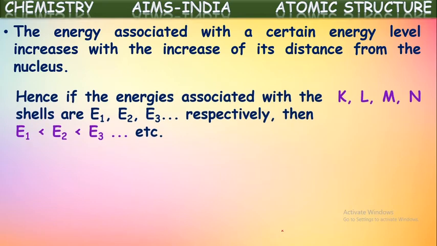Hence, if the energies associated with the shells K, L, M, N are E1, E2, E3, E4 respectively, then E1 is always less than E2, E2 is less than E3, E3 is less than E4, and so on. The energy level very near to the nucleus has the lowest energy.